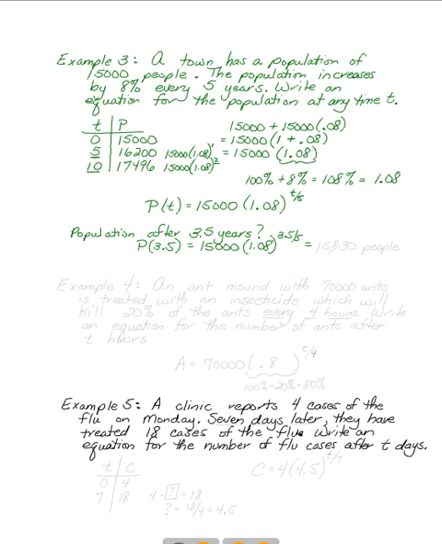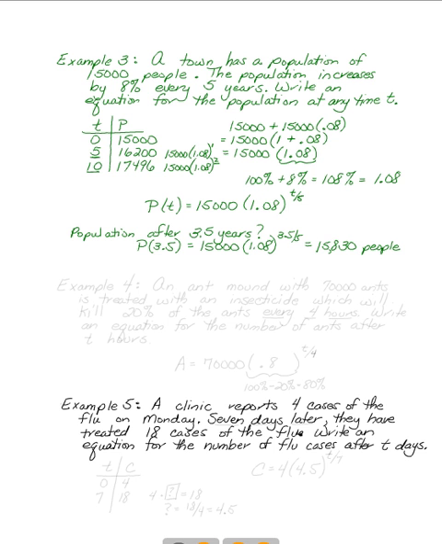Using my calculator, this gives me a value of 15,830 people to the nearest person, because we're not going to have parts of people that live in our town. So we are going to round to the nearest whole number. And so we're going to have 15,830 people in this town after 3.5 years.